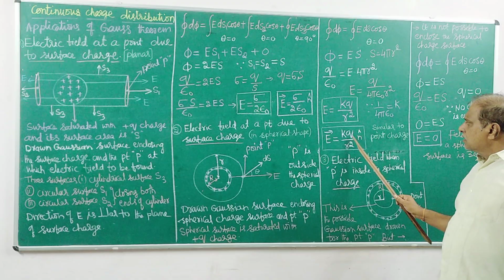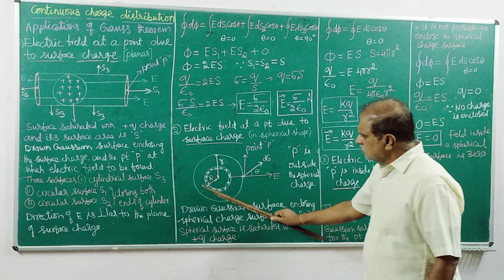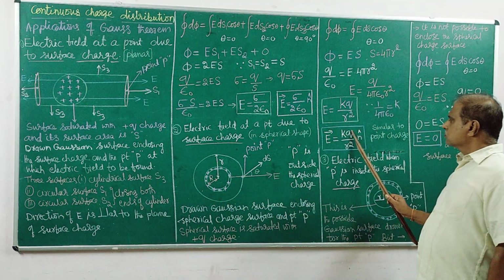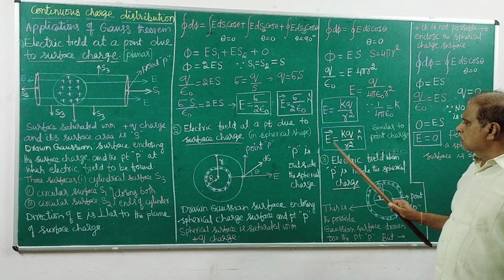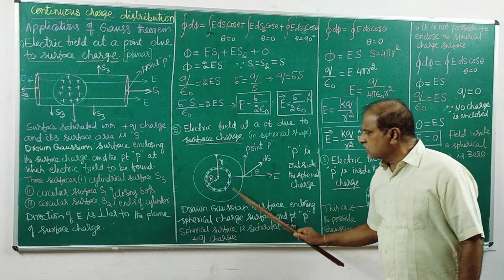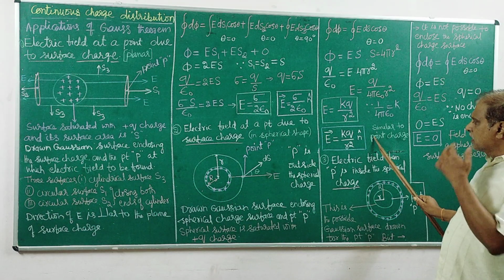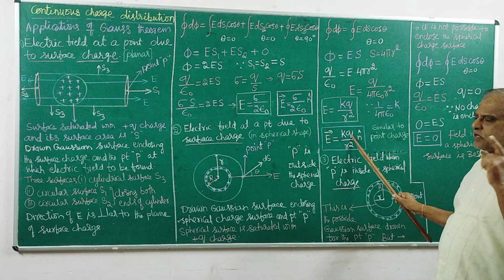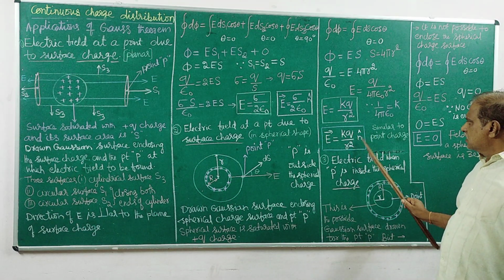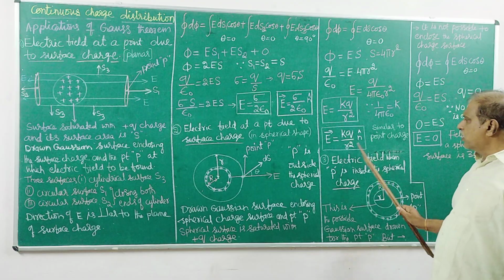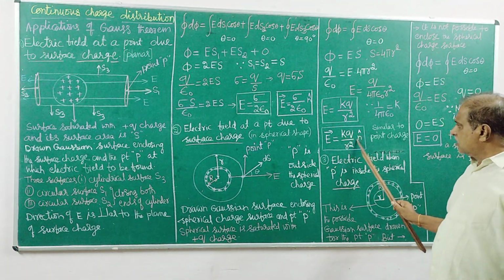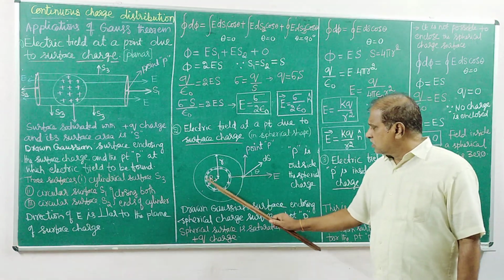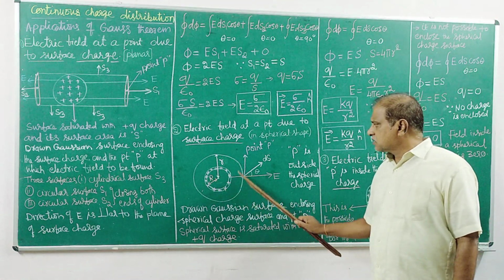But here it is the charge by all the positive charges, the entire Q. For a point charge, it is only one positive charge. That is the only difference. You get the same type of equation for the electric field by a point charge as well as the electric field by a spherical distribution.